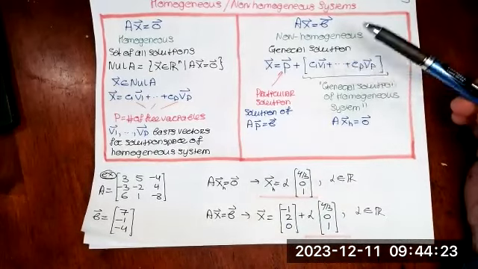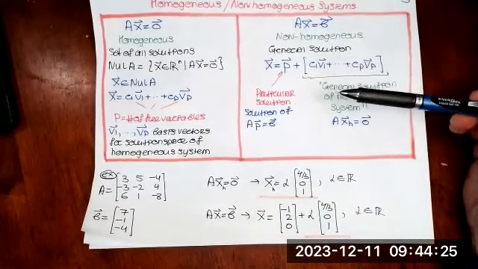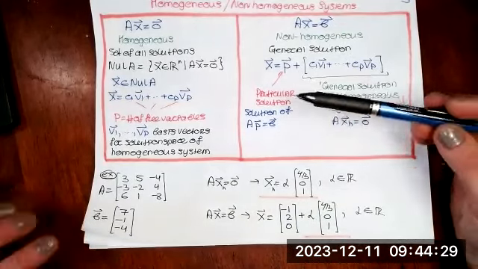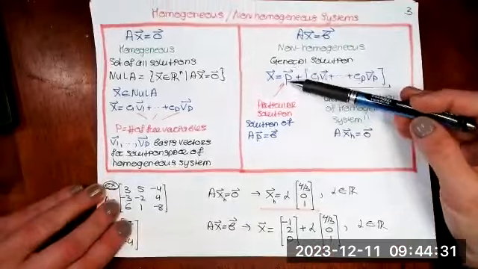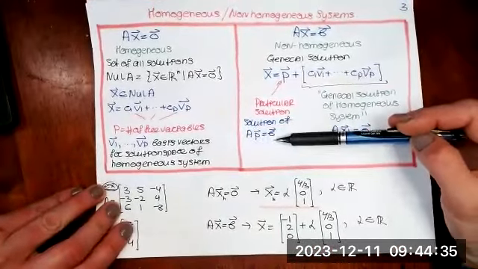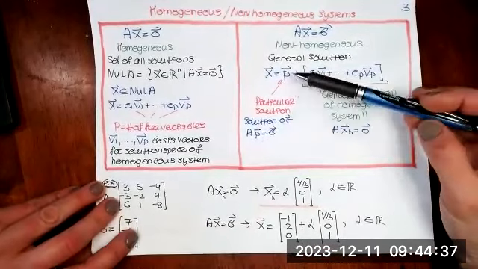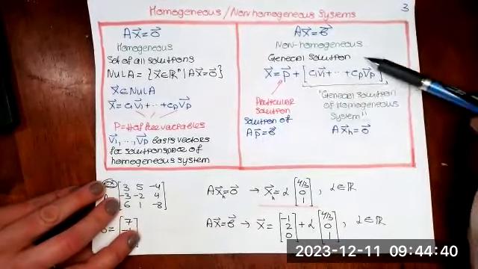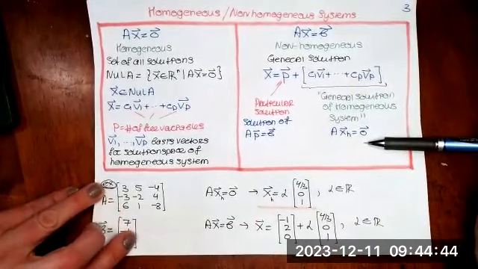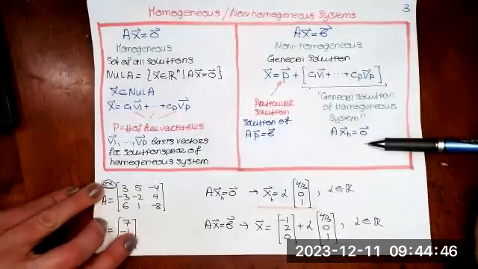So the structure of the general solution for this non-homogeneous problem is always a summation of a particular solution, which satisfies the non-homogeneous problem, plus your general solution to the homogeneous system. This will be true for all linear systems.